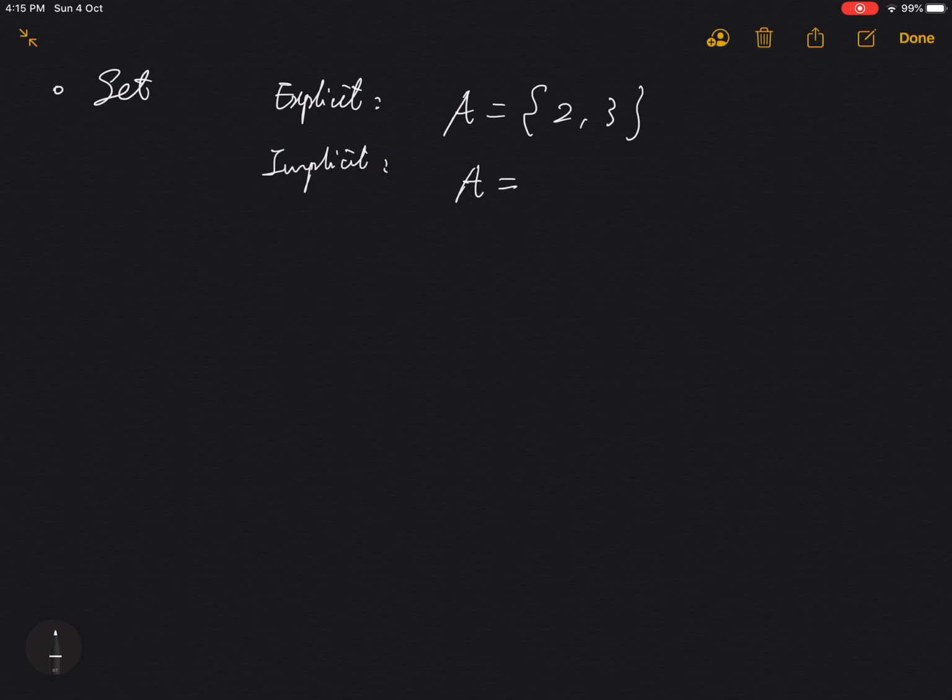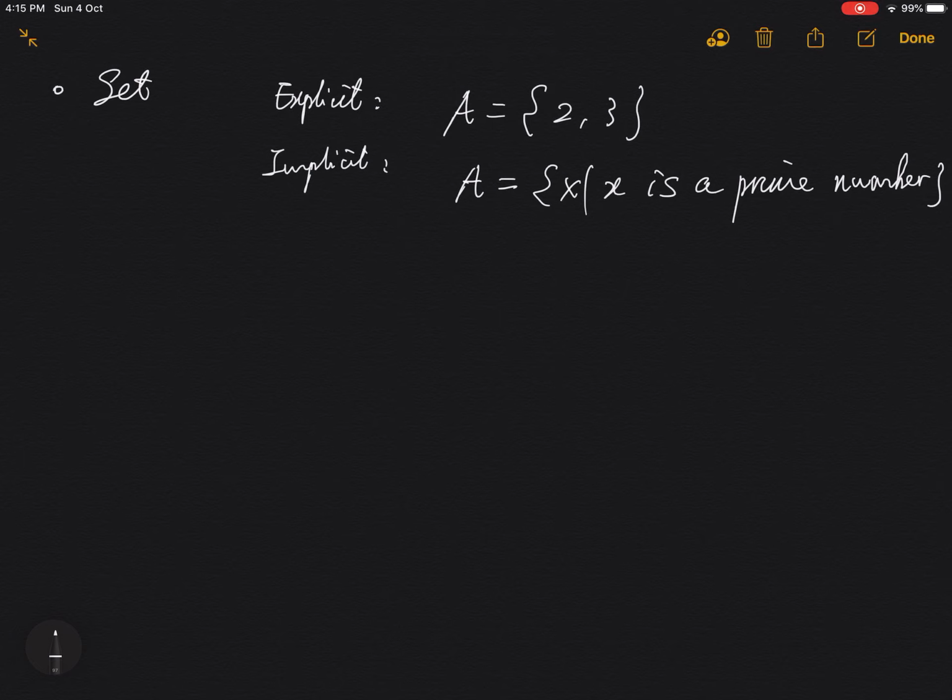A is made of X, where X is a prime number. Okay, that's an implicit way.